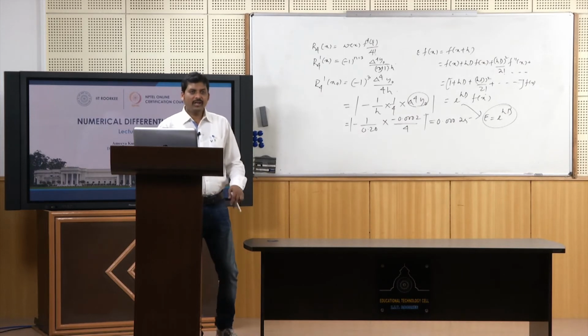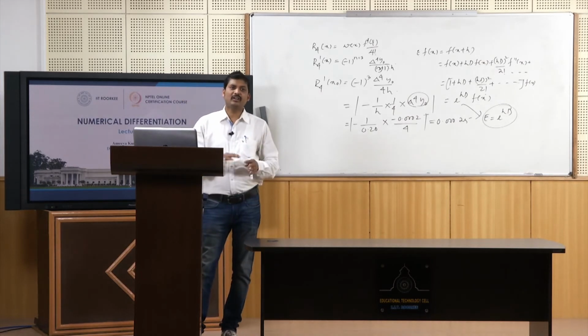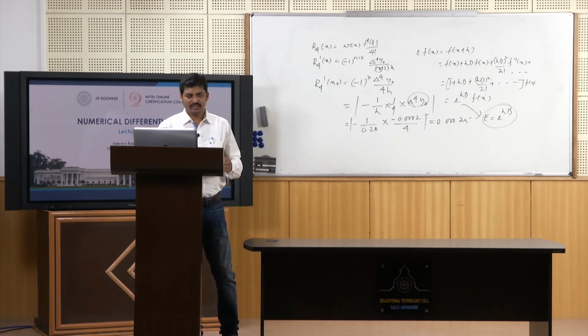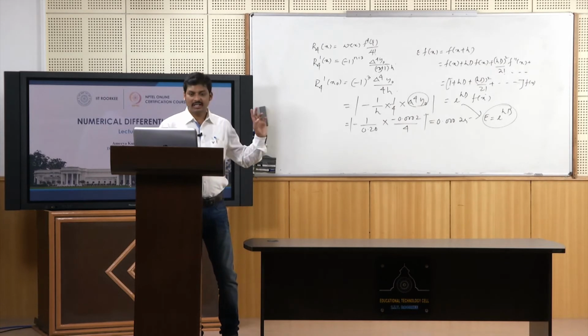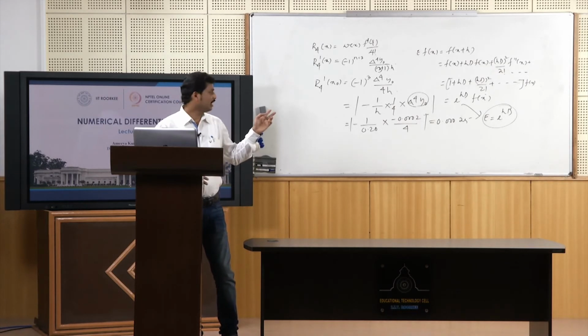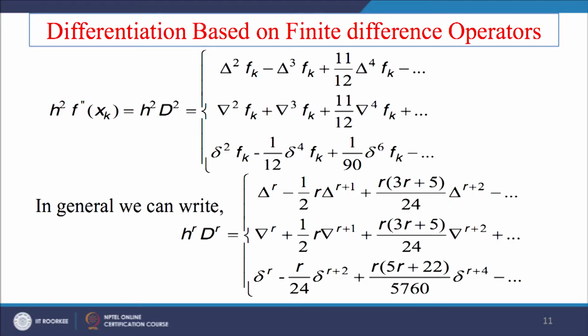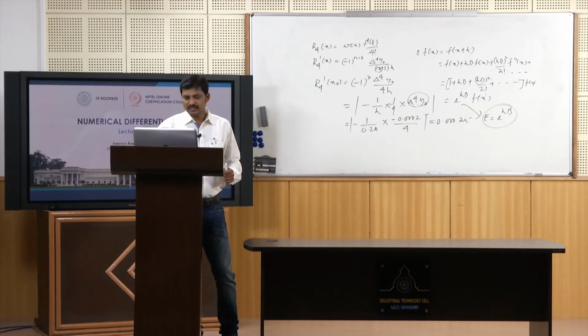The same way we can also express second order differentiation. This means that second order differentiation we can consider as h square f double dash of xk, and this is nothing but hd whole square you can write. So, again one more differentiation, we can consider this expansion of Newton's forward difference operators, backward difference operators or the central difference operators.